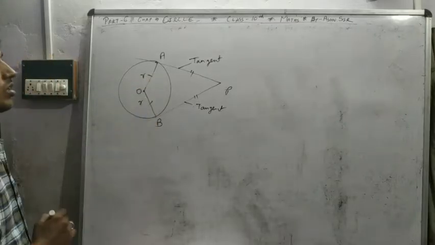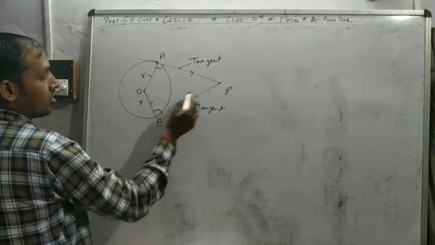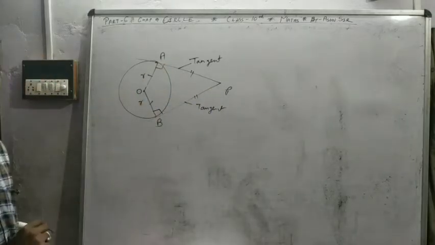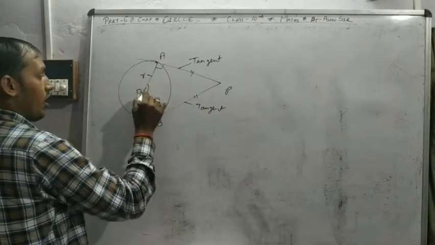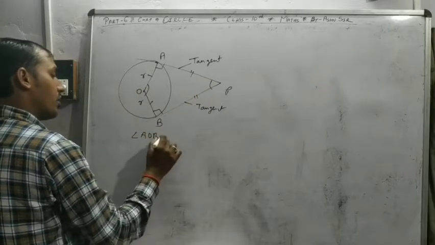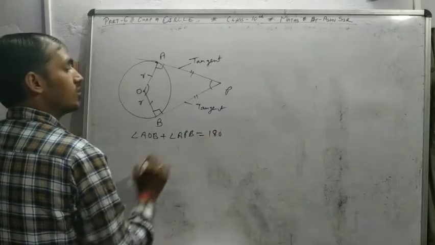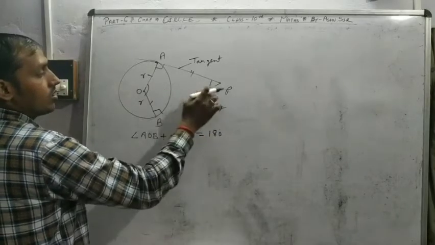The radii are equal. These angles make a right angle, because tangents make 90 degrees with the radius, and these two angles, angle AOB plus angle APB, are 180 degrees, opposite angles.